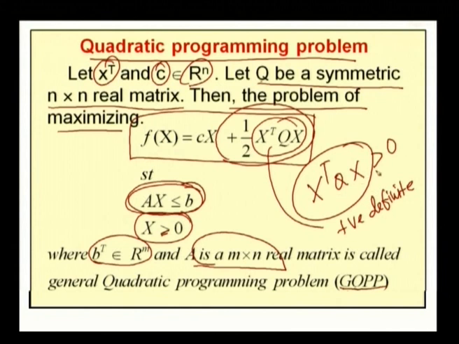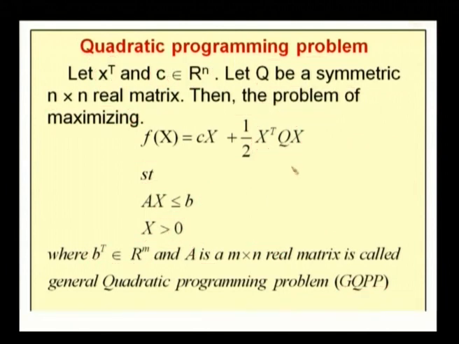If x transpose Q x is greater than or equal to 0, then it is said to be positive semi definite. If x transpose Q x is strictly less than 0, then this quadratic form is said to be negative definite. If x transpose Q x is less than or equal to 0, then this quadratic form is said to be negative semi definite.